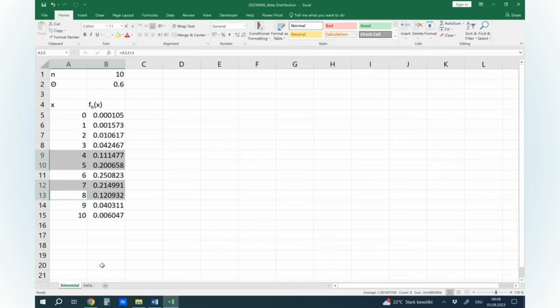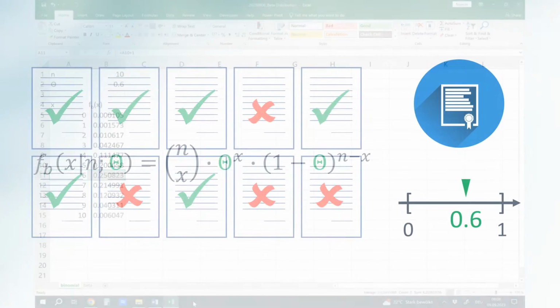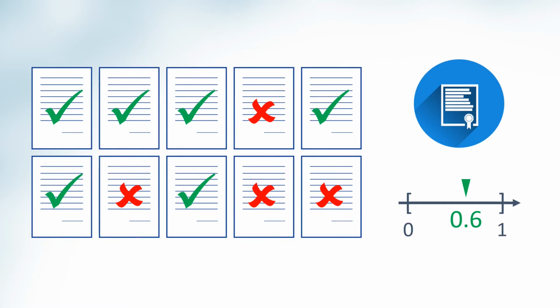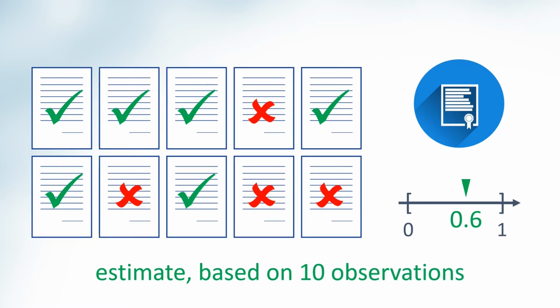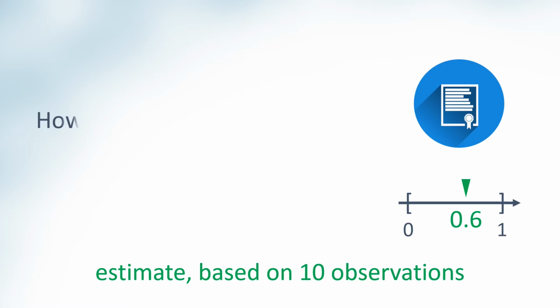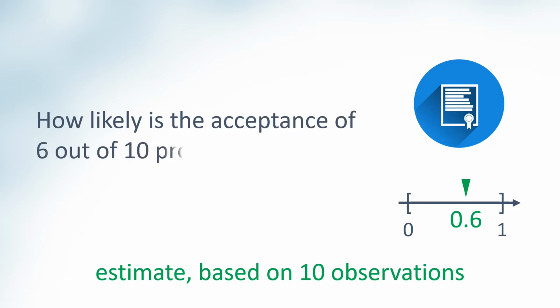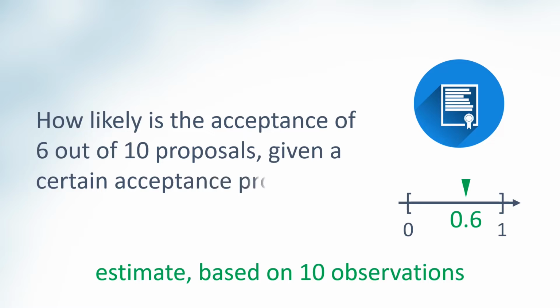However, this is all somewhat theoretical because we know that a partner has accepted 6, not 4, 5, 7 or 8. And we are aware that our 0.6 is just an estimate based on a total of 10 observations. In fact, we should turn the question around and ask, how likely is the acceptance of 6 out of 10 proposals given a certain acceptance probability?